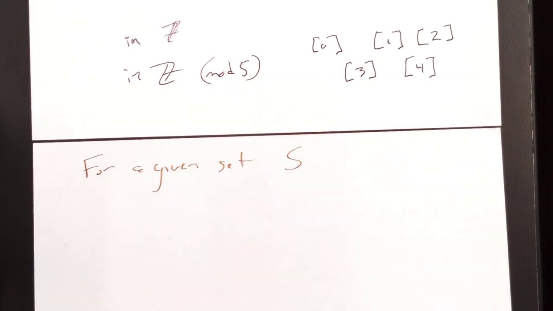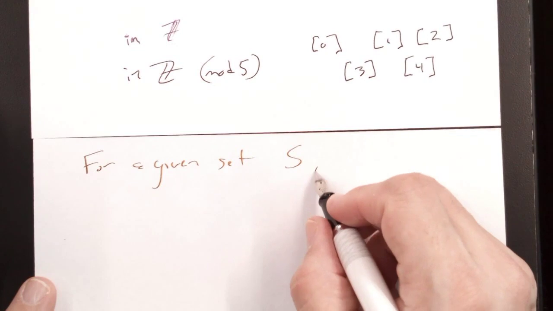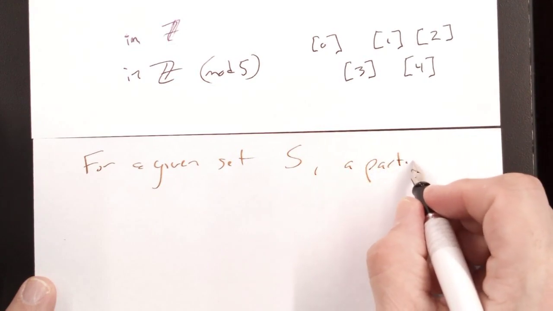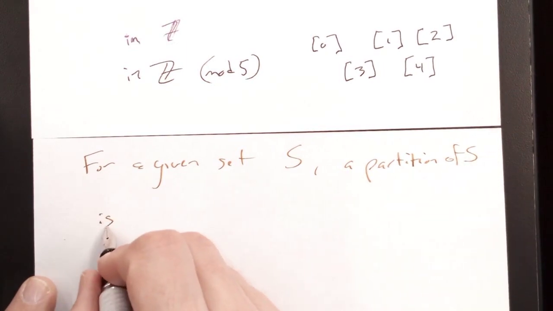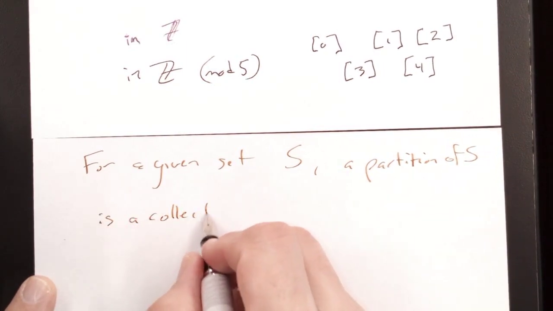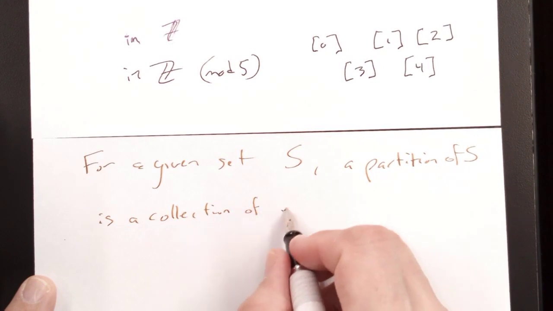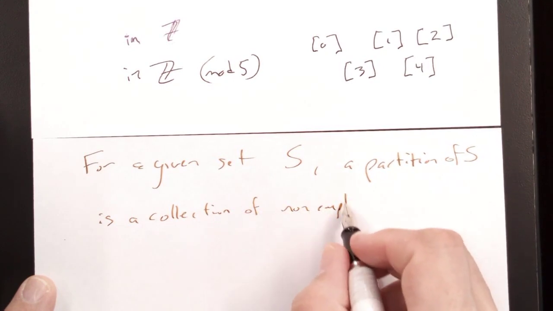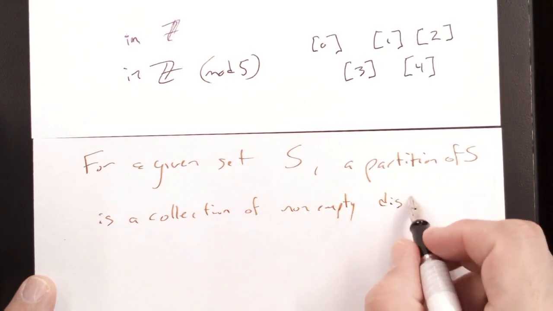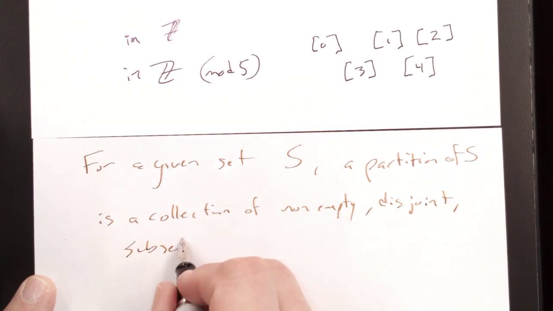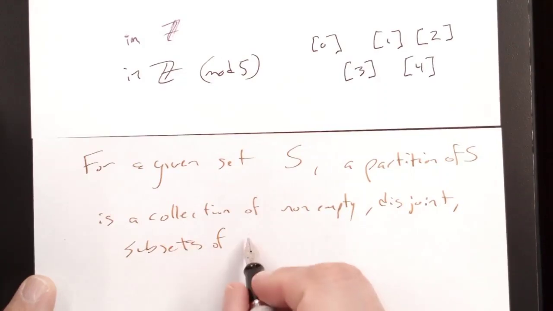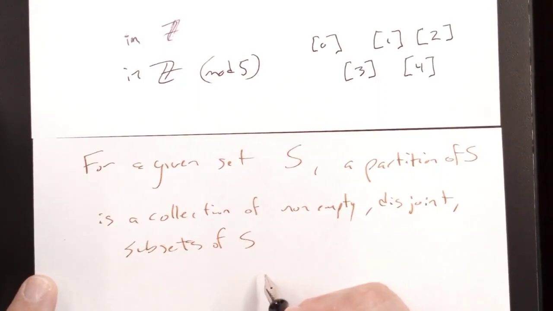If I pick any set S, a partition of S is a collection of non-empty, disjoint subsets of S, I need to give them names.